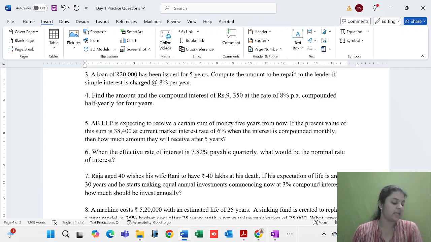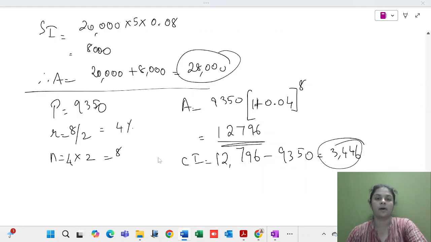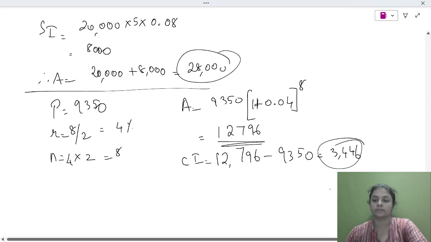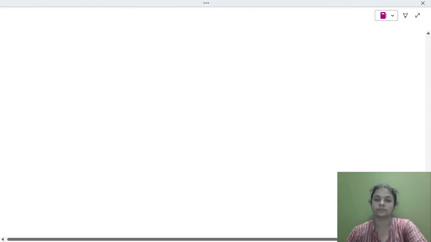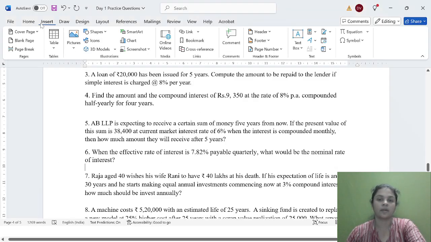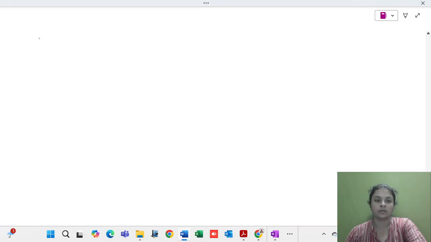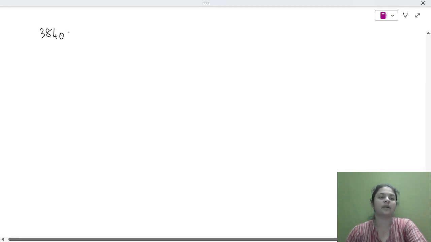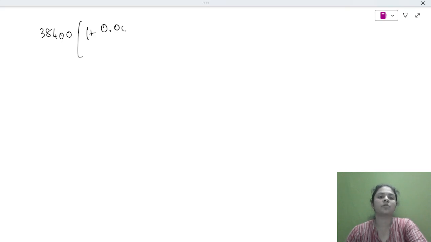The answer will be 38,400 into 1 plus 0.005. 0.5 divided by 100. So 0.005, divided by into the power of 5 years into 12.